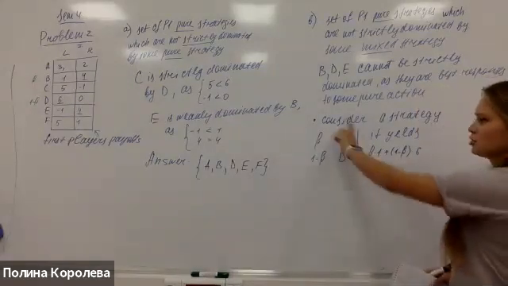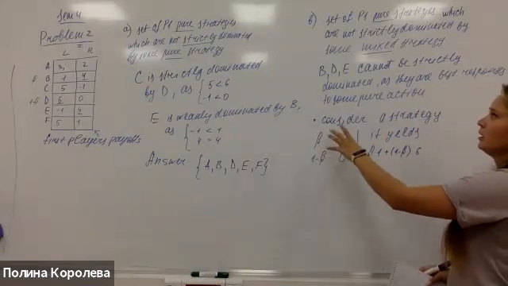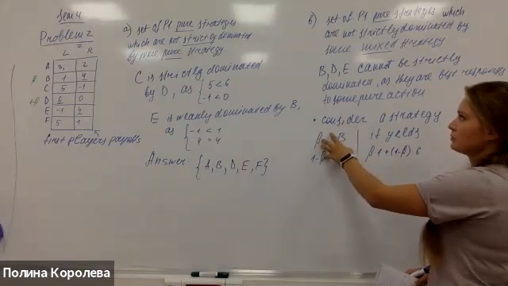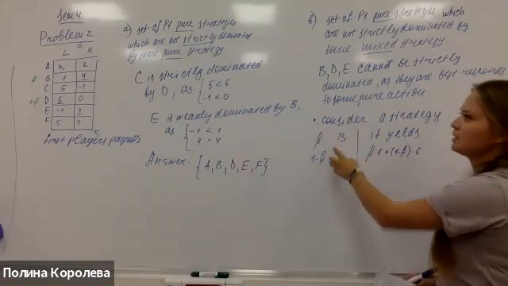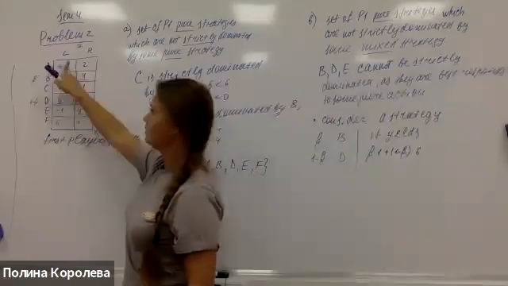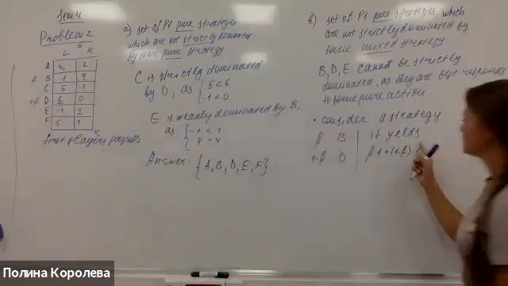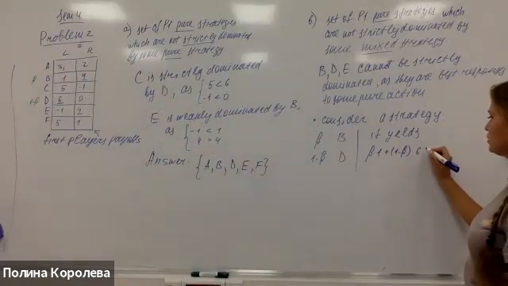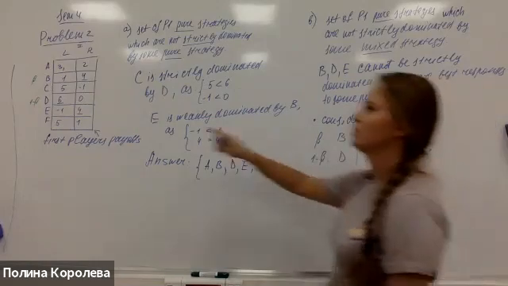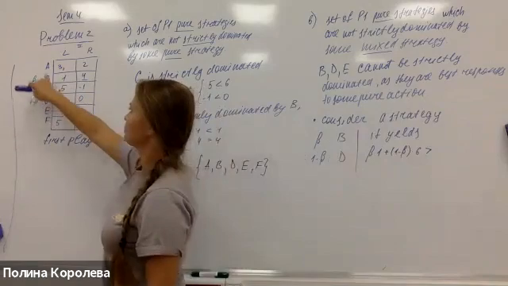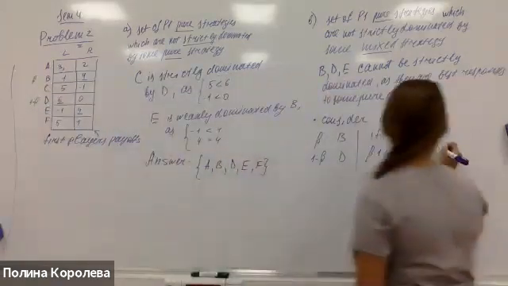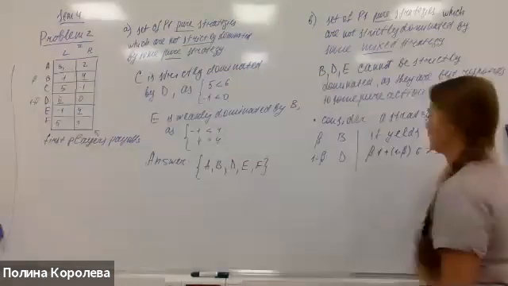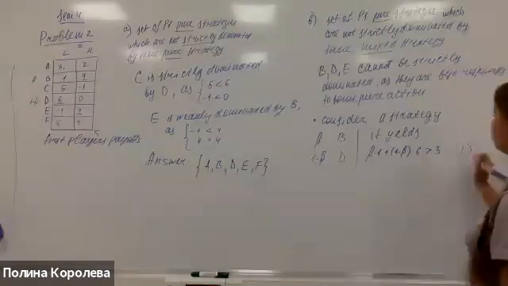And for such a strategy to strictly dominate strategy A, what should we write? That this payoff should be strictly bigger than the payoff if we play A, bigger than 3. This is if the second plays L.